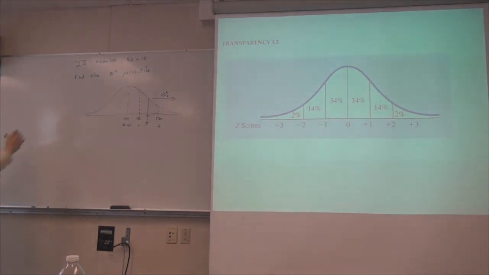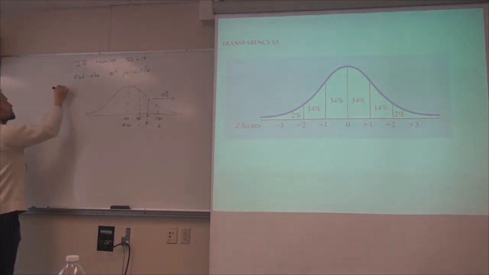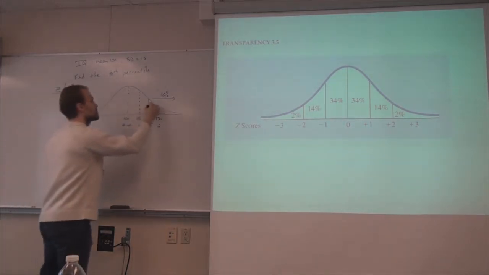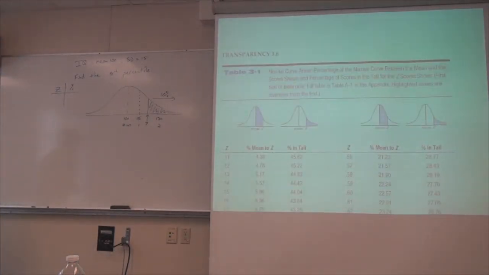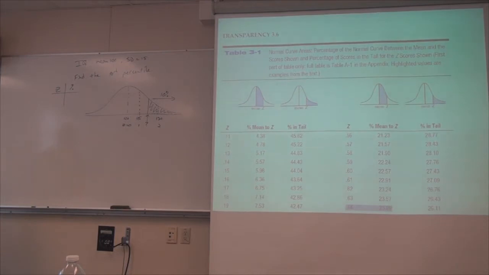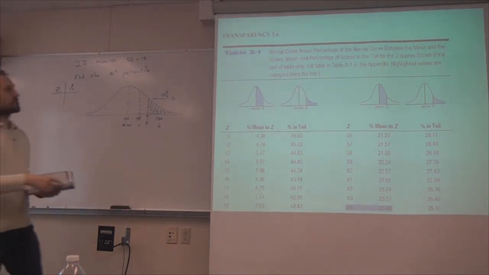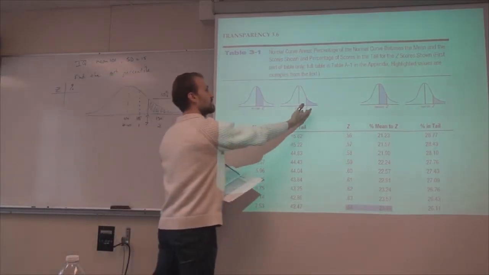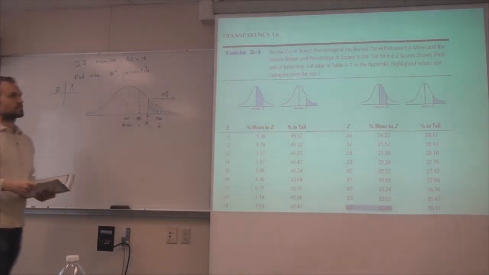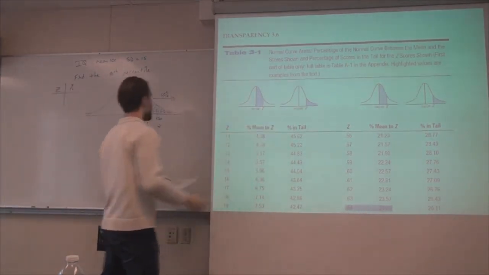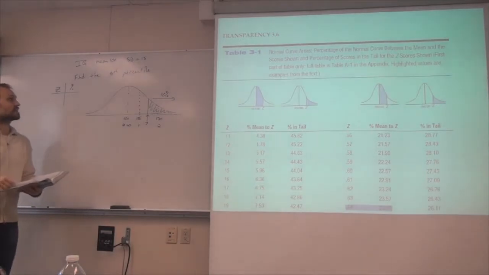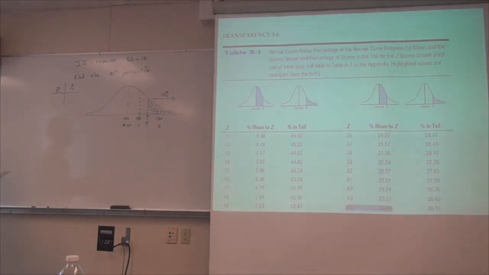So now I have to look at my table. Now I'm looking for that region, so the table will be fairly easy to read. I'm looking for the same tail that the table shows, so the right and one of the two, this one. And I'm going to search for a Z value of 1.